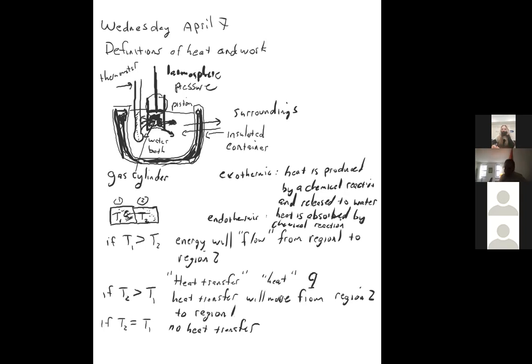Okay. So let me write that down a little bit. I'm going to put a couple notes here for you, which is that if a process is exothermic, most of the processes we look at are exothermic, but there are some endothermic.